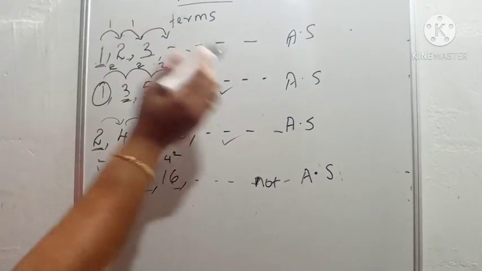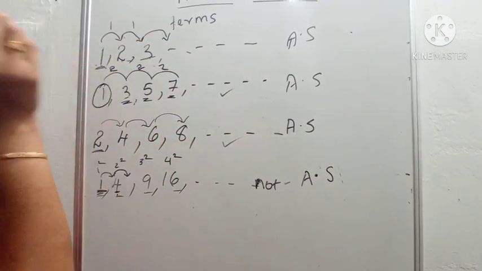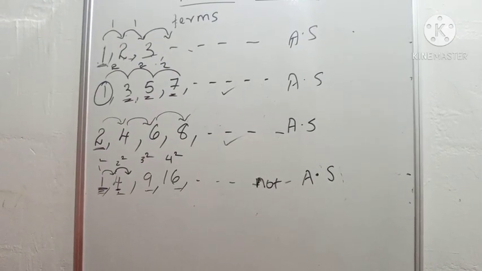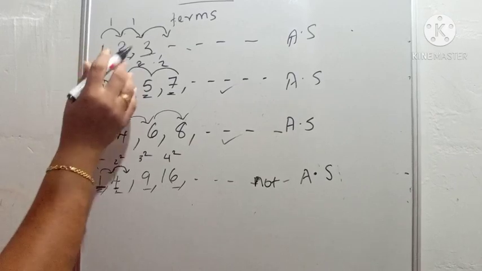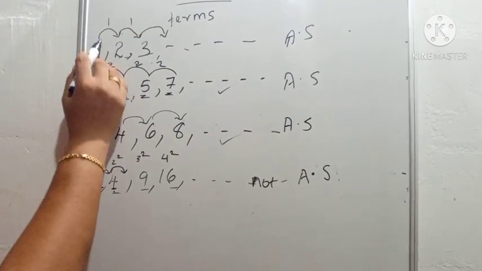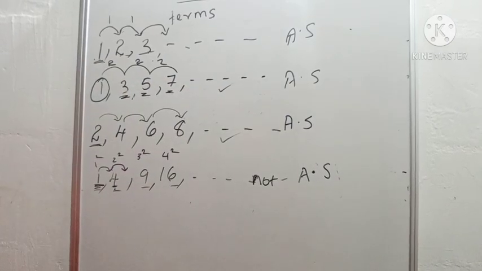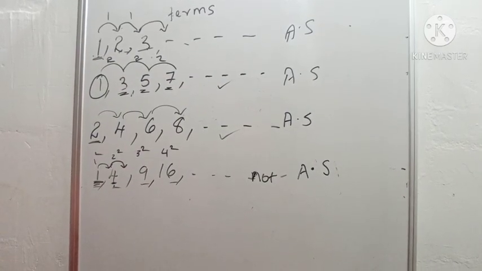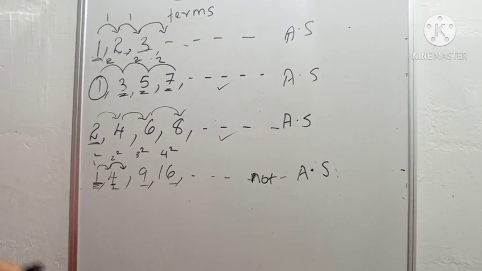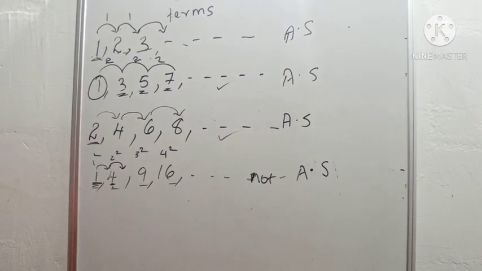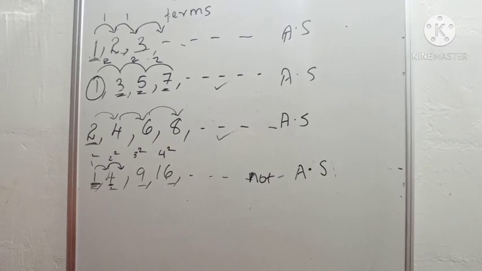And we know that in an arithmetic sequence, a fixed number is added repeatedly. That fixed number is called the common difference of an arithmetic sequence.